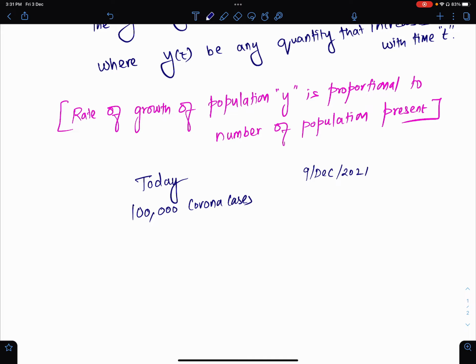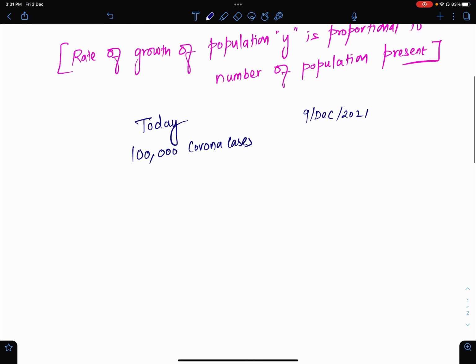We can say approximately, but we know that the number of cases on 9th December will be based on the current number of cases. How many people are affected right now will be the input for the future infection.